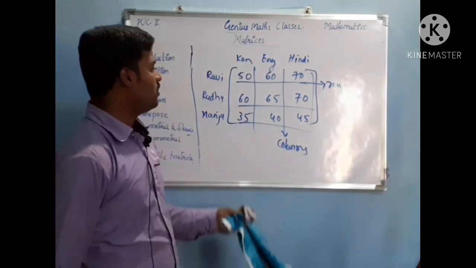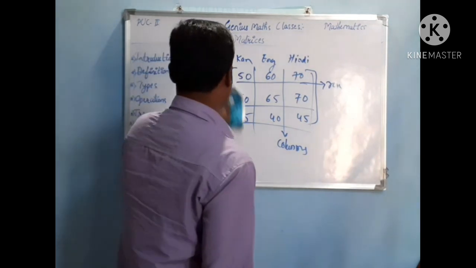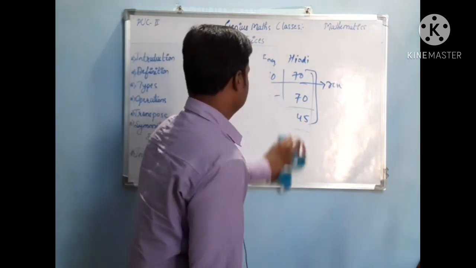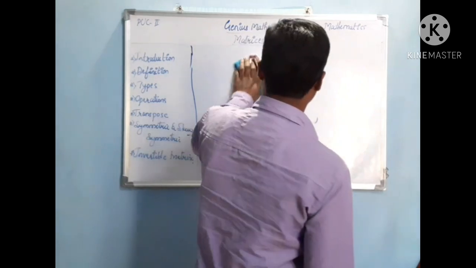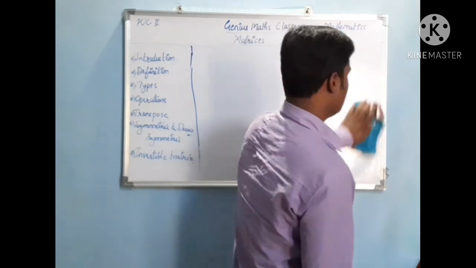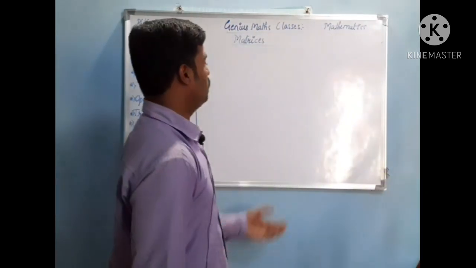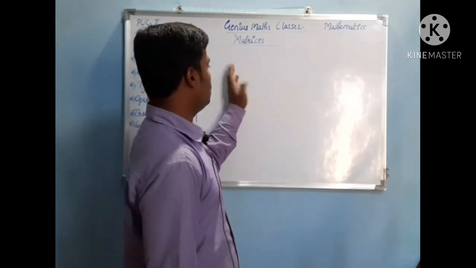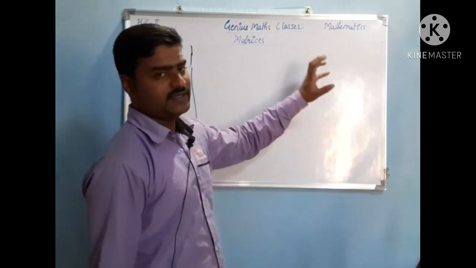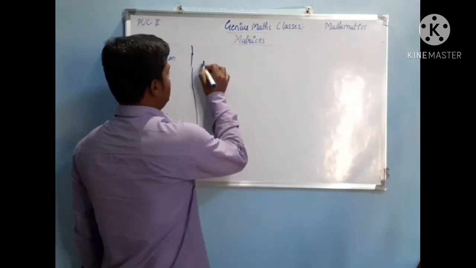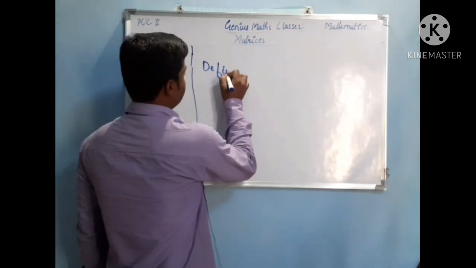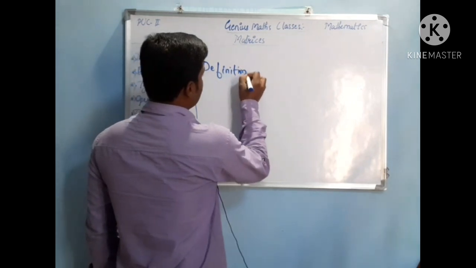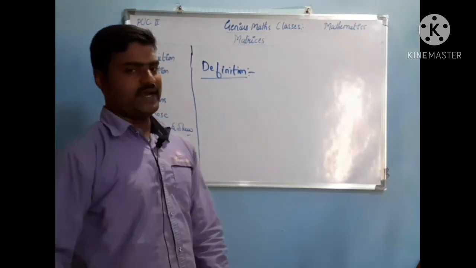Okay, now come to the definition of the matrix. After observing all these examples, I can easily define the matrix, right? So what is a matrix?